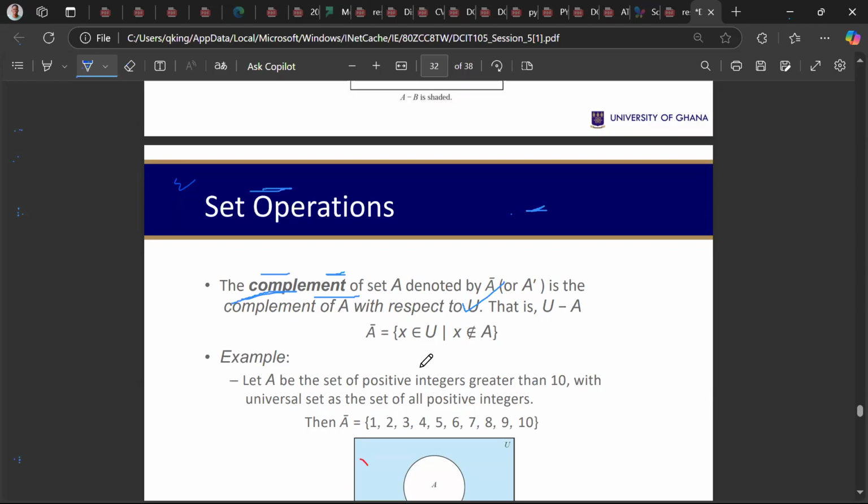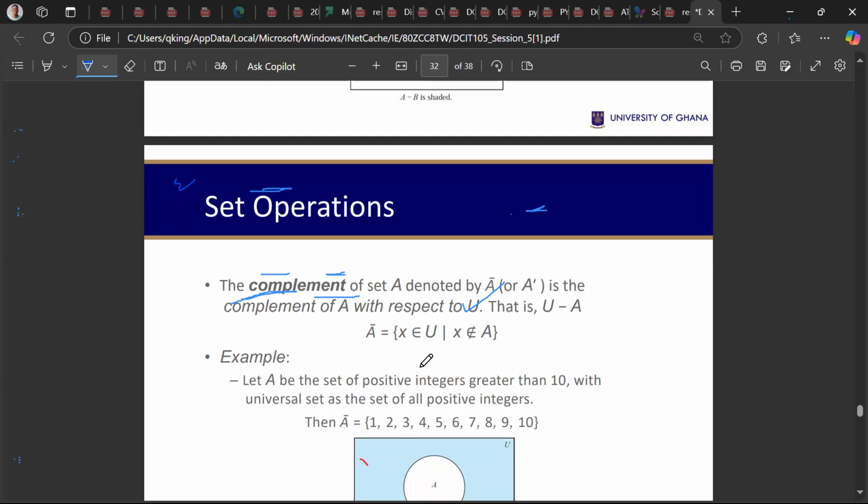And so in finding the complement of a particular set, it is known as the universal set minus that particular set. So when we are finding the complement of set A, meaning we are looking at the universal set minus the set A. And so the complement of a set is always defined relative to a universal set.